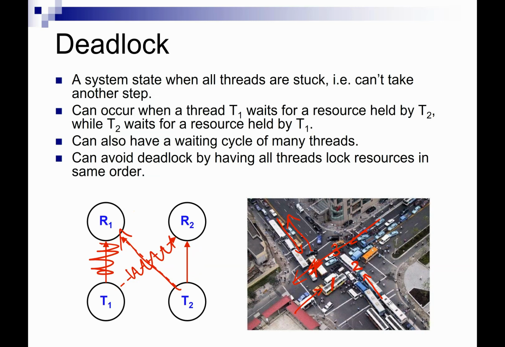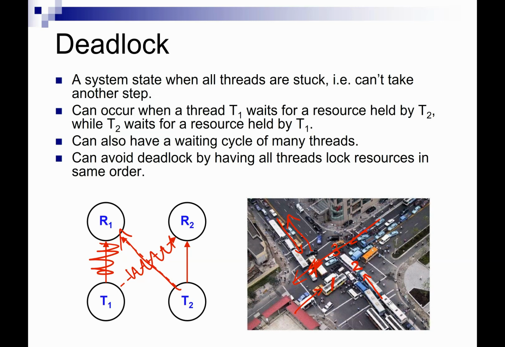So if we ensure that the threads lock the resources in the same order, then these problems won't happen. Now in practice, it's not that easy to ensure threads lock resources in the same order because, for example, one problem is that maybe a thread doesn't know which resources it needs at the beginning.